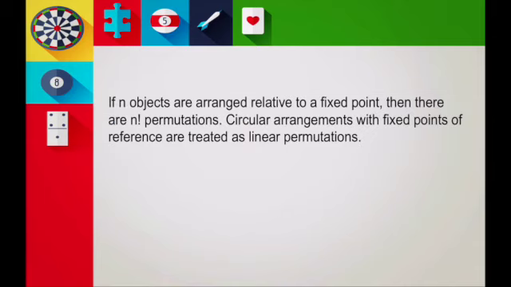You cannot turn over a merry-go-round with children on it, so that doesn't apply. If n objects are arranged relative to a fixed point, then there are n factorial permutations. Circular arrangements with fixed points of reference are treated as linear permutations.